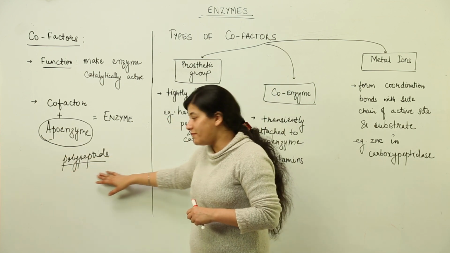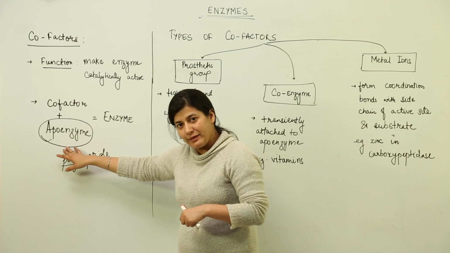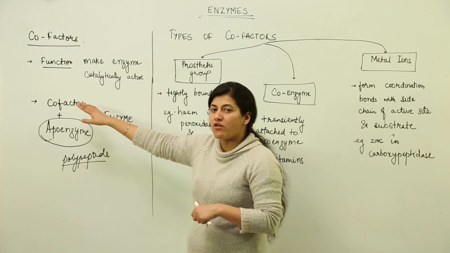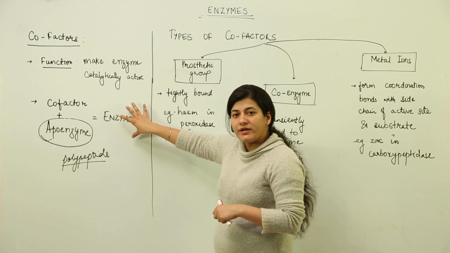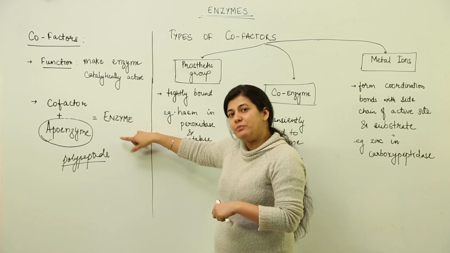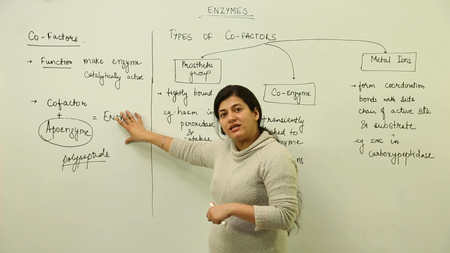This particular polypeptide would be known as the apoenzyme, and to this apoenzyme a cofactor is added, and that totally would be known as the enzyme that is able to conduct the catalytic activity.